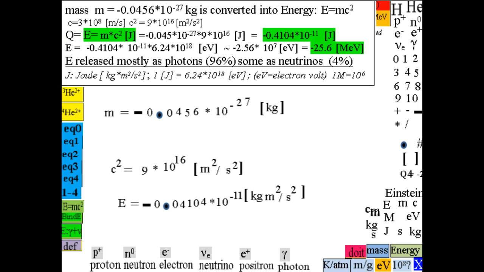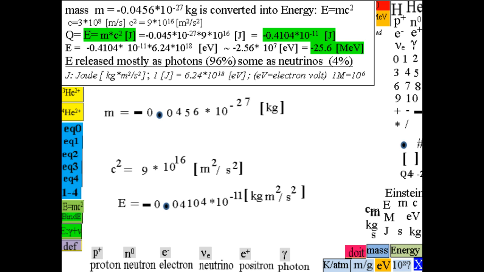So this is the result. E equals minus 0.04104 multiplied by 10 to the power of minus 11, and the unit is kilogram meter squared divided by second squared.